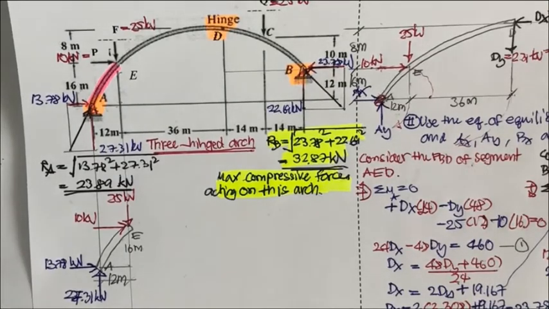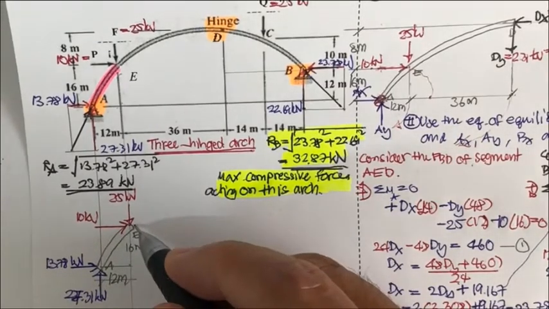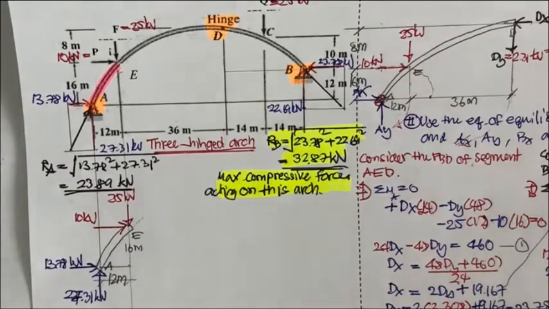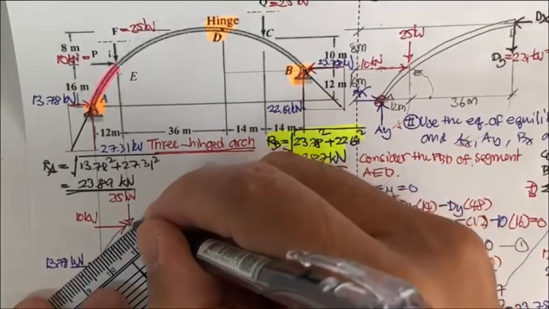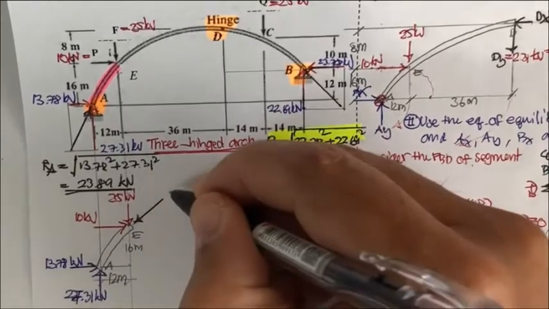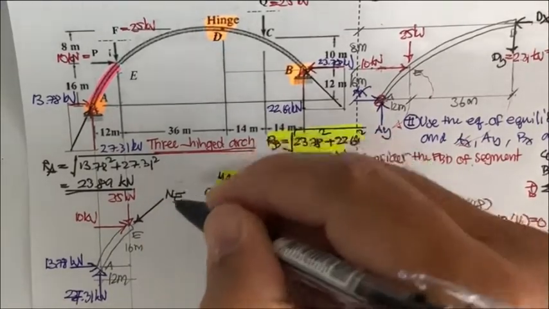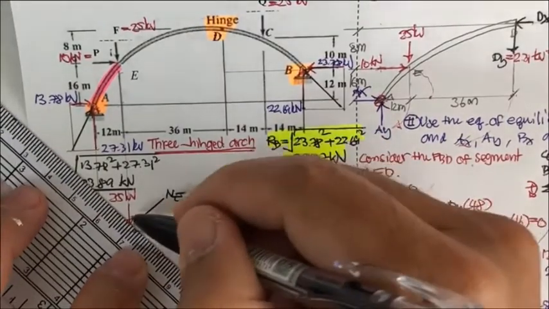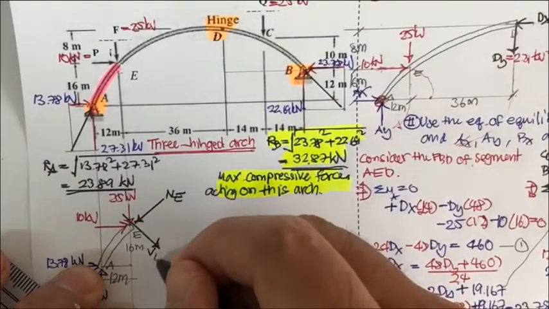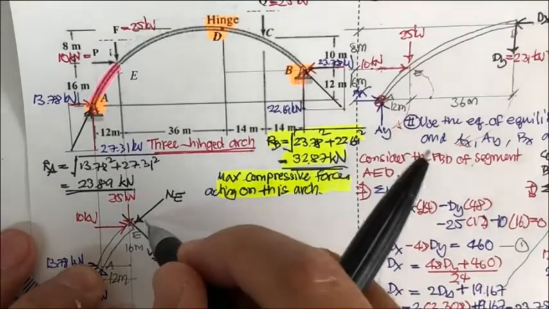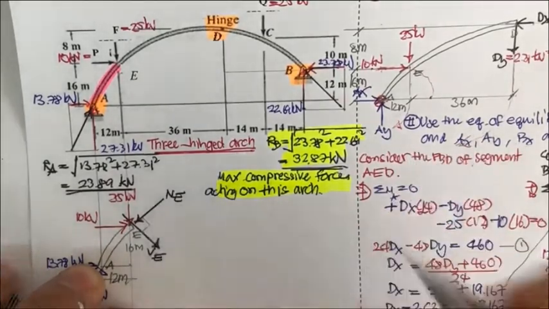Okay, and if you like, you can find the unknown forces. Let's put the unknown force here. That is going to be N sub E, and also perpendicular to it, it needs to be perpendicular, is V sub E. They are perpendicular to each other.